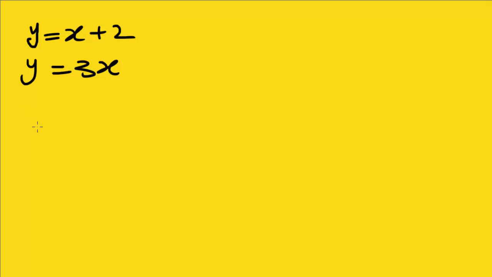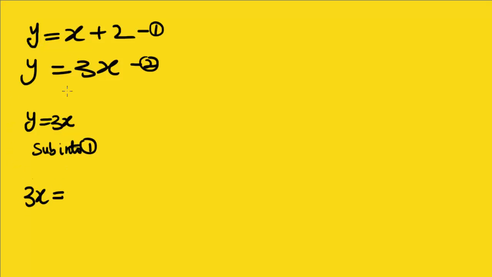So for instance, if I use the method of substitution here, I'll call this equation 1 and this equation 2. From equation 2, y is 3x. If I substitute that into equation 1, instead of y, I'll have 3x, and then I'll have x plus 2. If I simplify this, I get 2x equals 2, which means x is 1.